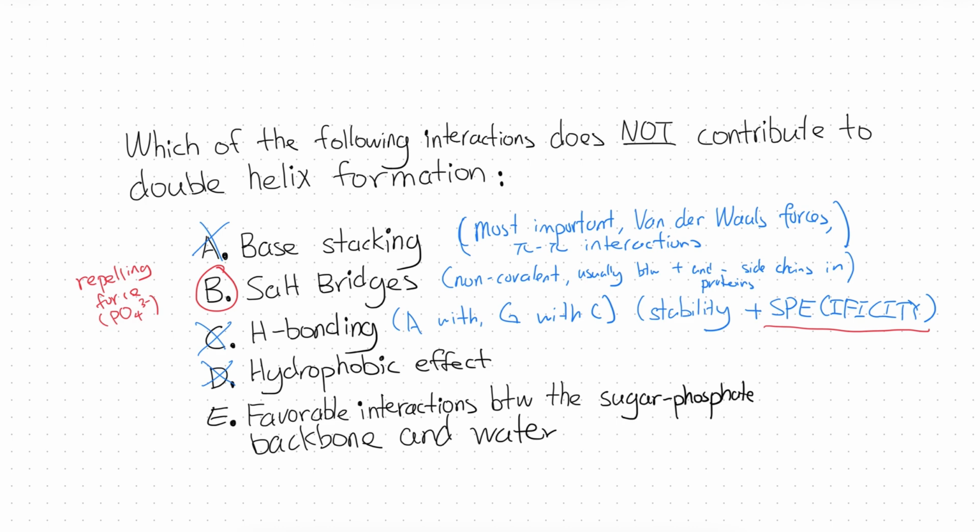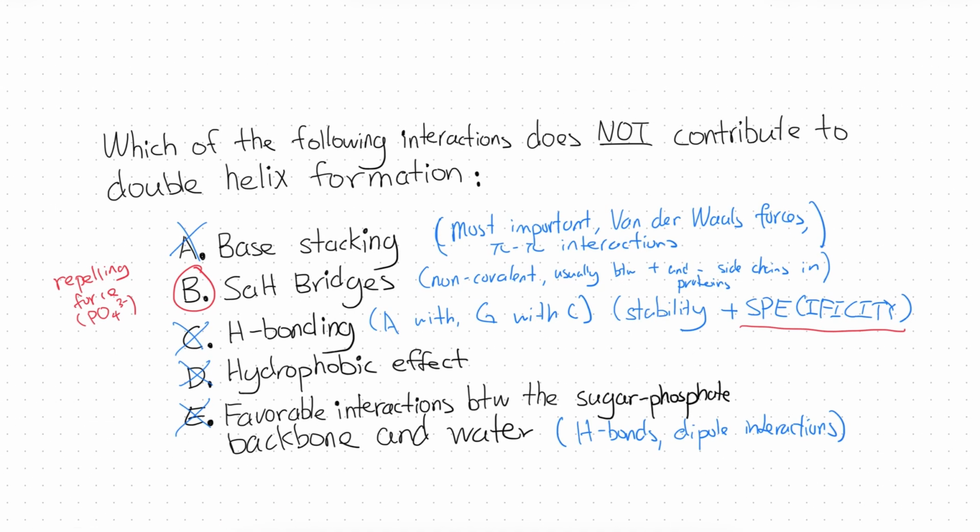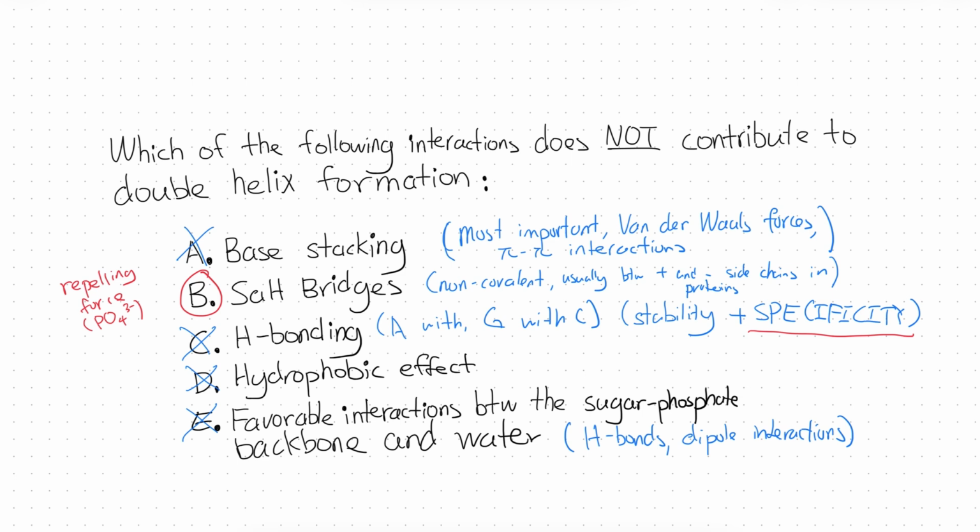They actually do form H bonds, and that's 100% true. They form them with the surrounding aqueous environment, keeping the outer shell of the DNA soluble and stable. So that's also very important, so we can omit that. And the final answer is that salt bridges do not contribute to double helix formation.